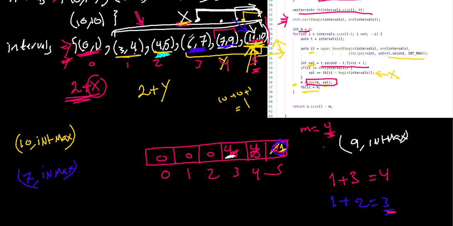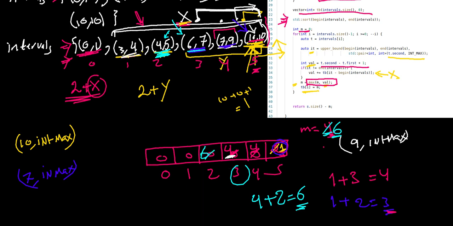We move to 4, 5. Again, the first interval that doesn't overlap with 4, 5 is this one, and the solution at 3 is 4. So we have 4 plus the length of this, 5 minus 4 plus 1, 2, which equals 6. So 6 is greater than 4, and we store 6 here.